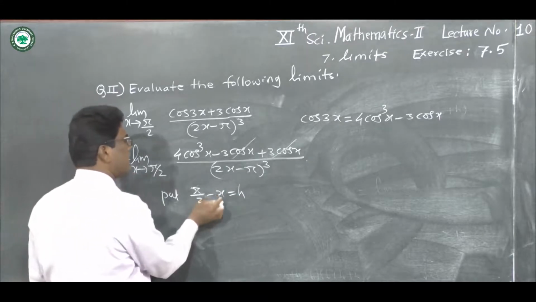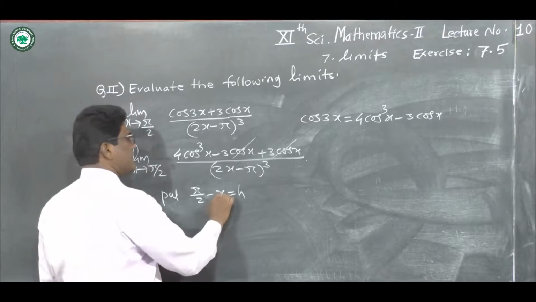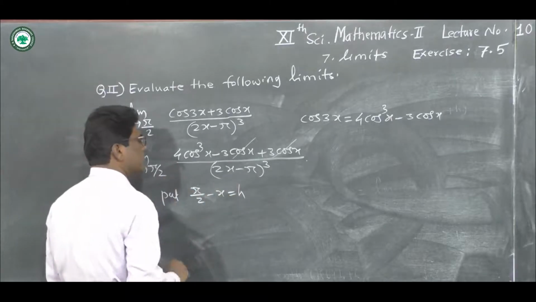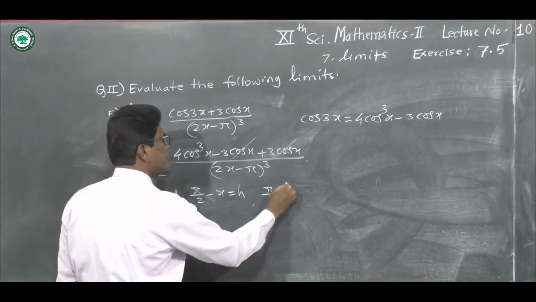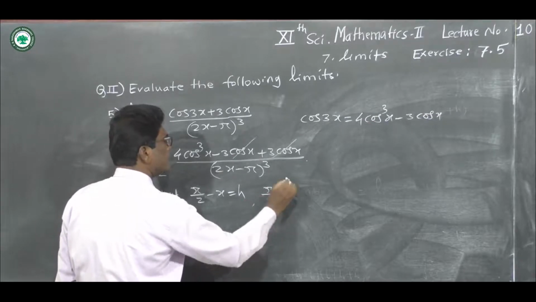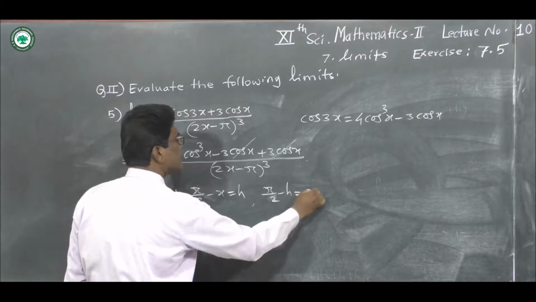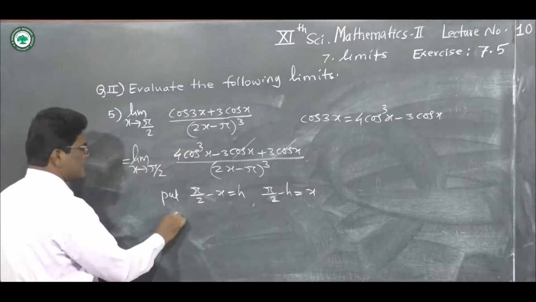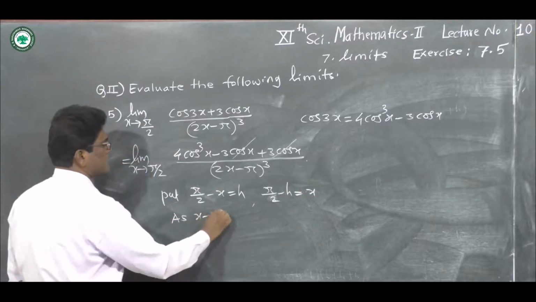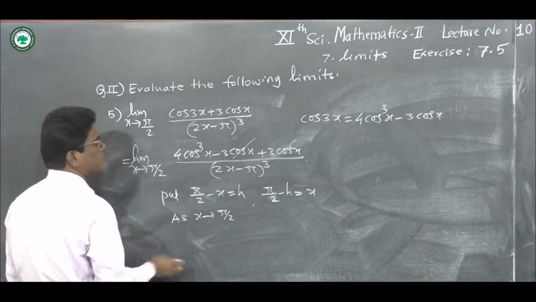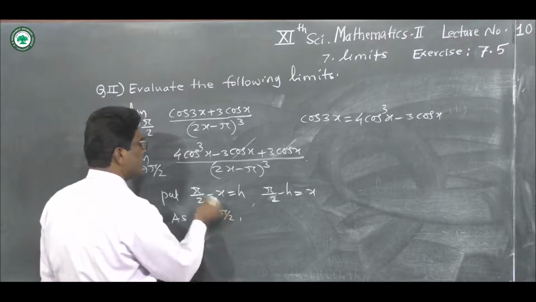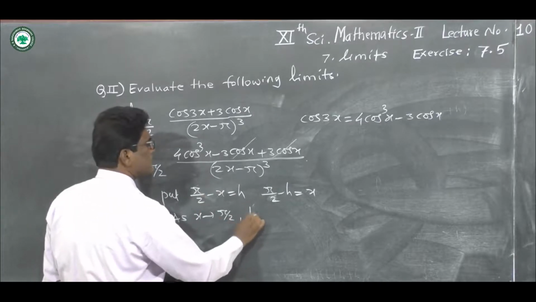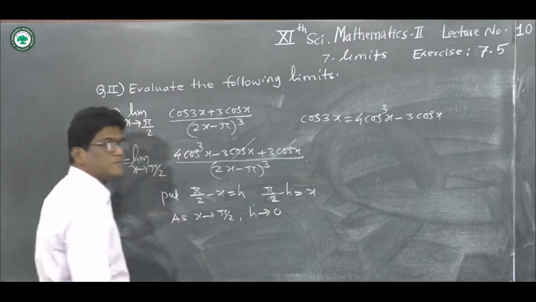From this equation, find the value of x: carrying x to the right side and h to the left side, we get x equal to pi by 2 minus h. As x tends to pi by 2, if we put x as pi by 2, pi by 2 minus pi by 2 cancels and we get h as 0. So h tends to 0.